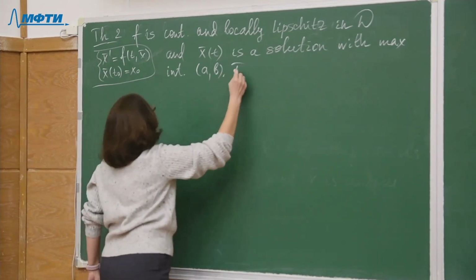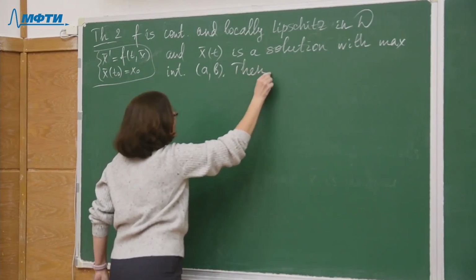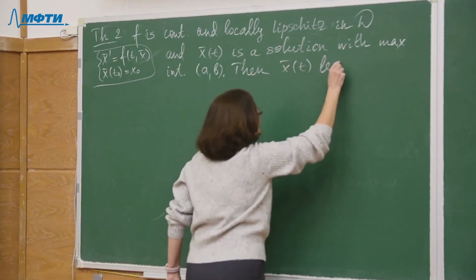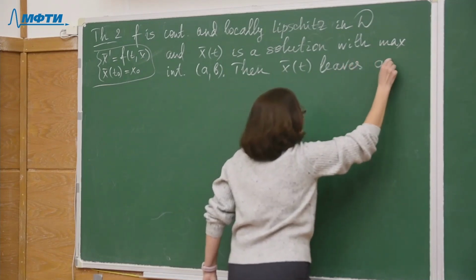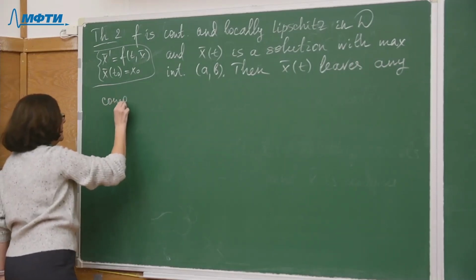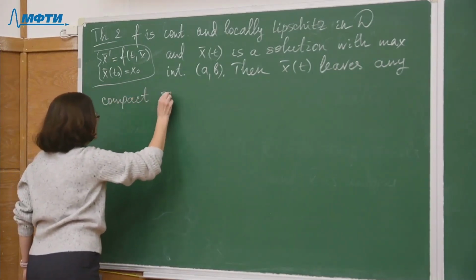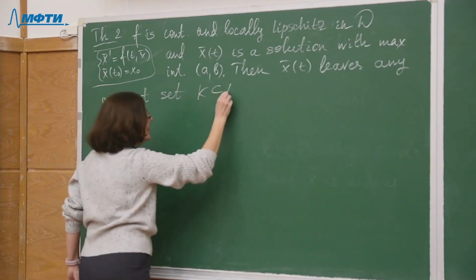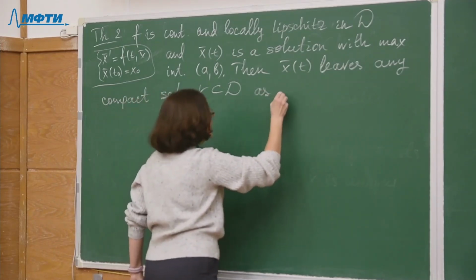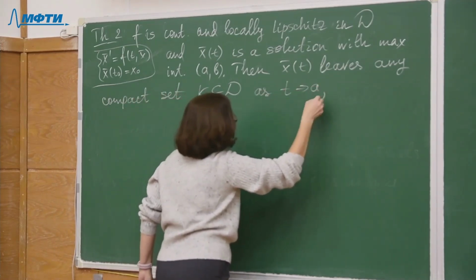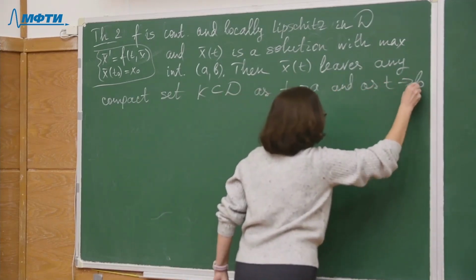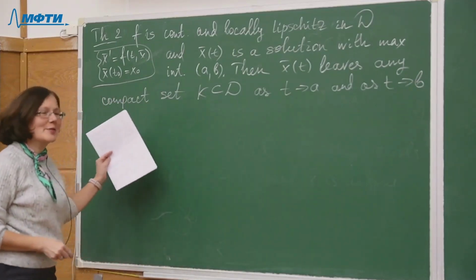Then x of t leaves any compact set K contained in D as t approaches A and as t approaches B.